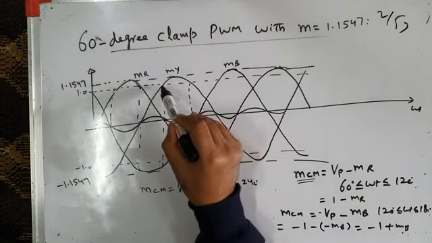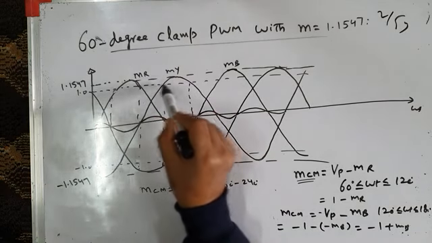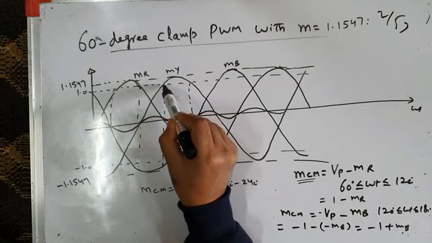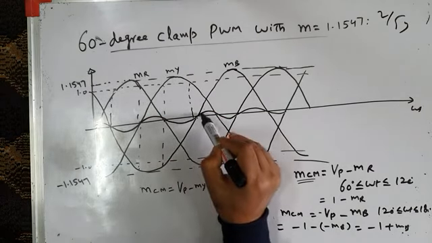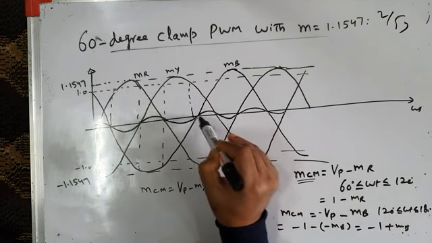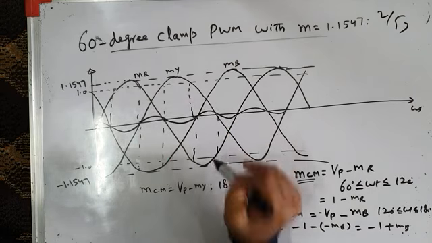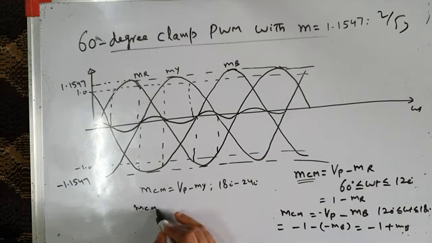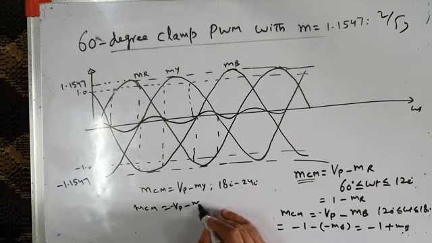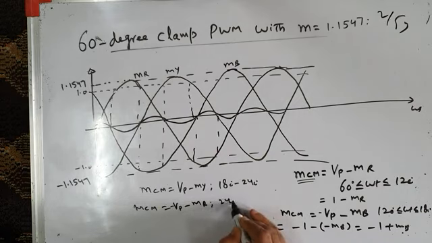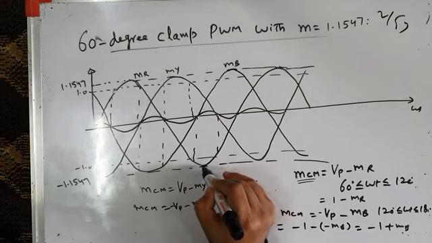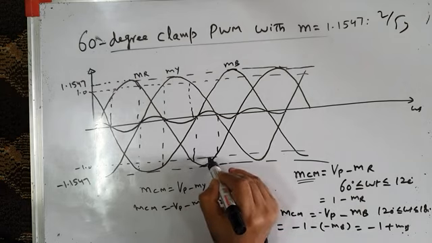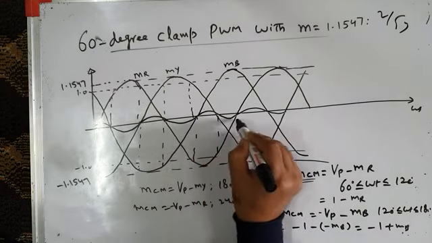Now you can see over this 60 degree interval, Vp is 1 and My is greater than Vp, so 1 minus My will be negatively going. Similarly, in the next 60 degree interval, MCM is equal to minus Vp minus Mr, from 240 degrees to 360 degrees. And since minus Mr is higher in amplitude than minus Vp, this becomes positive, and then again negative, positive, and so on.